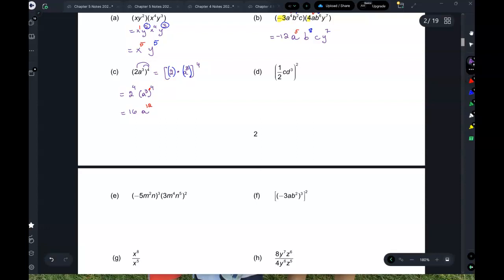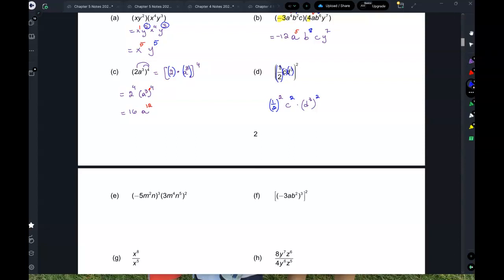Okay, here. I have a 2 out here. So look, what do I have in here? I have a half. I have a c. I have a d cubed. So I have half squared, c squared, and then I have a d cubed squared.